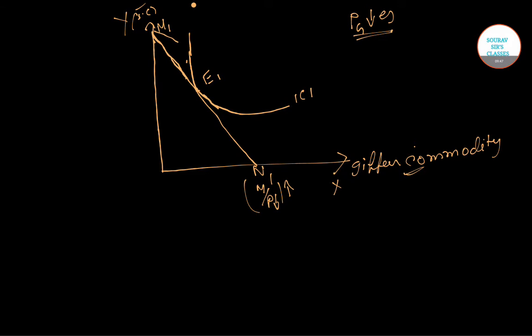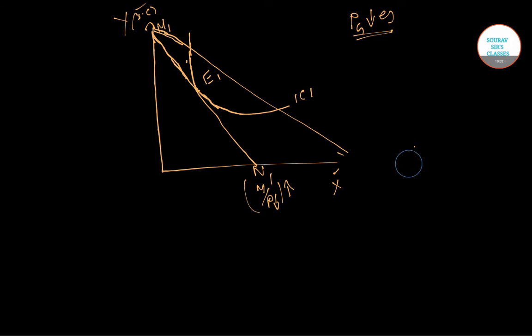So usually the budget line pivots from M1 N1 to N2. So the budget line shifts from M1 N1 to M1 N2.